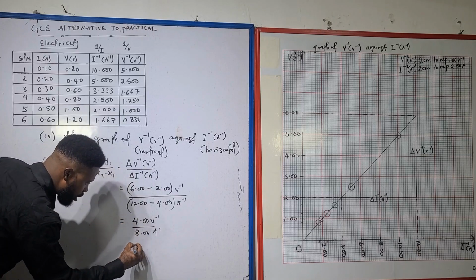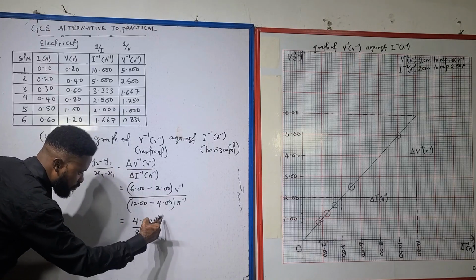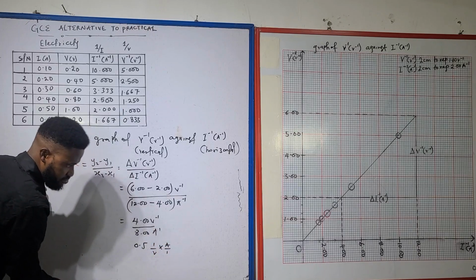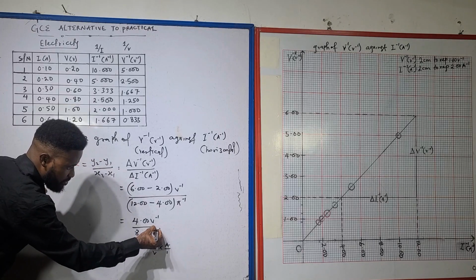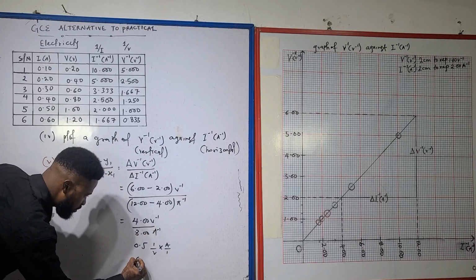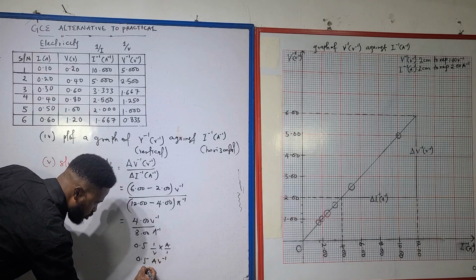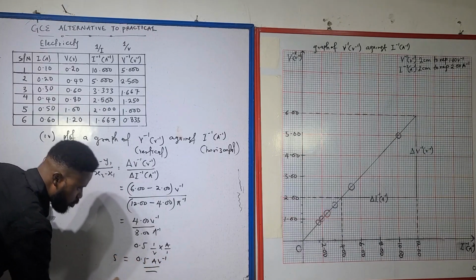So this means 0.5, but of course this means 1 over V times ampere over 1. So this means 0.5 ampere per volt. That is what my slope is.